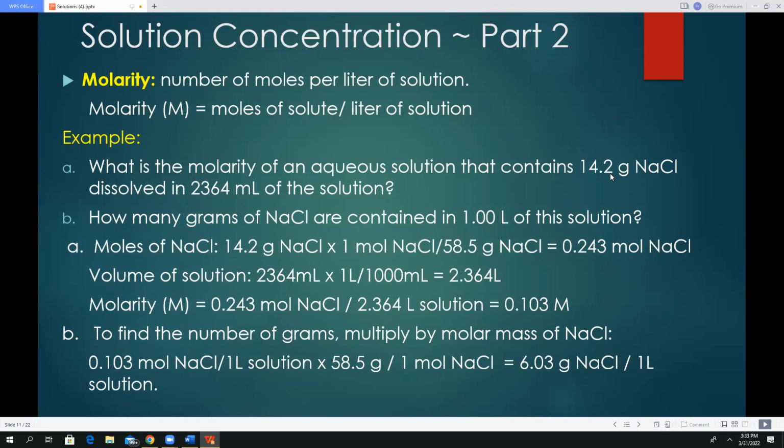So that would be 2.364 liters, right? So you need to make sure you change that before you do the math, because you're going to get a huge amount if you don't.